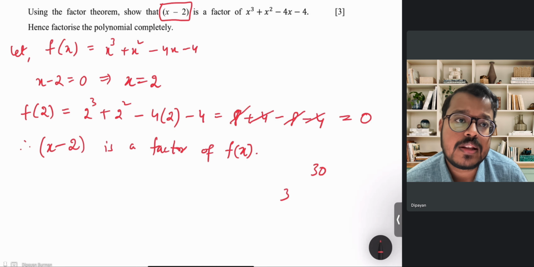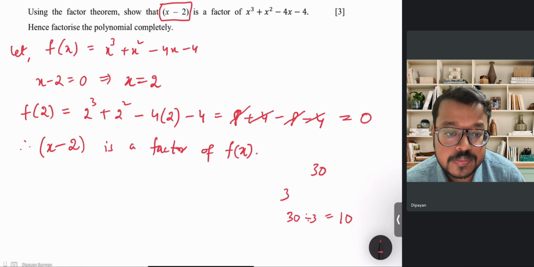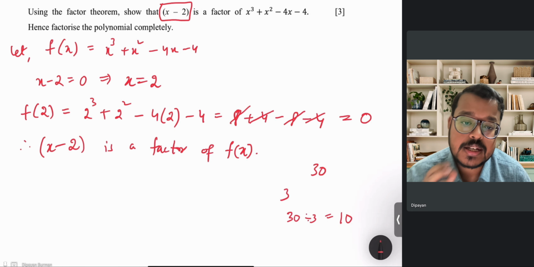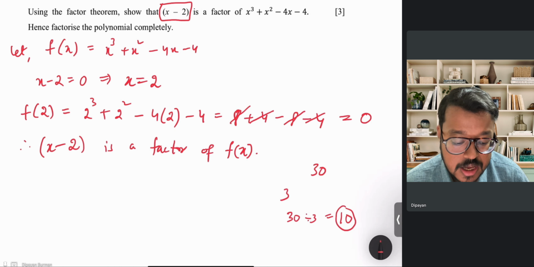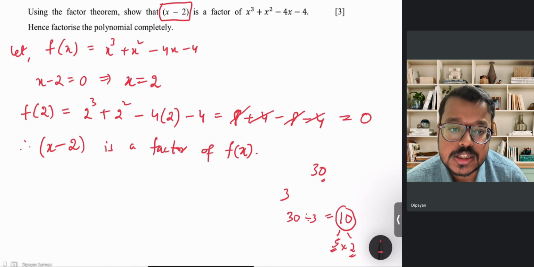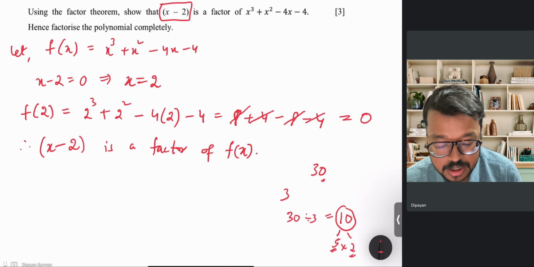If I want to find the remaining factors of 30, I can do 30 divided by 3. And the answer is 10. So I will say that 10 is also a factor of 30. And if I find that I can factorize 10 as 5 into 2, then 5 and 2 are also factors of 30. That's the logic that we are applying in this question.